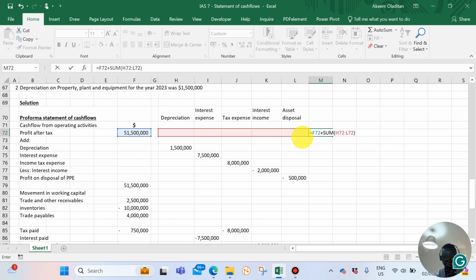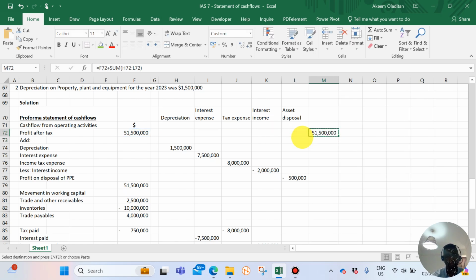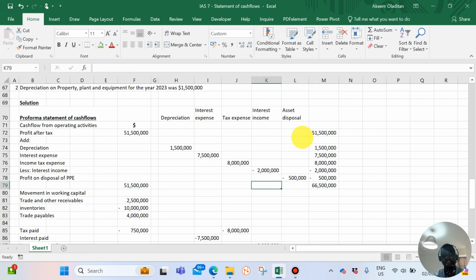So I'll do the same for all of this. So if you look at it, our profits before tax, where we are supposed to start from, will have to be this. So then I'll adjust others too, the same way I did for the others. I'll have to sum all of them.